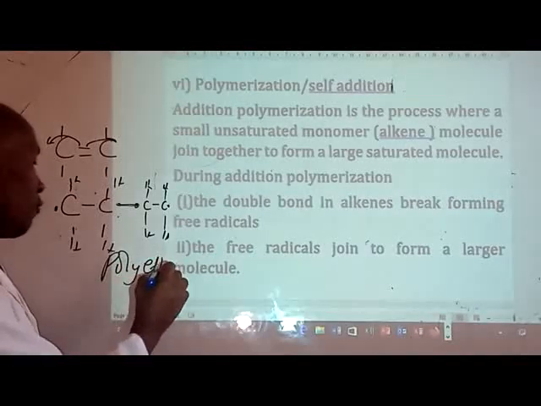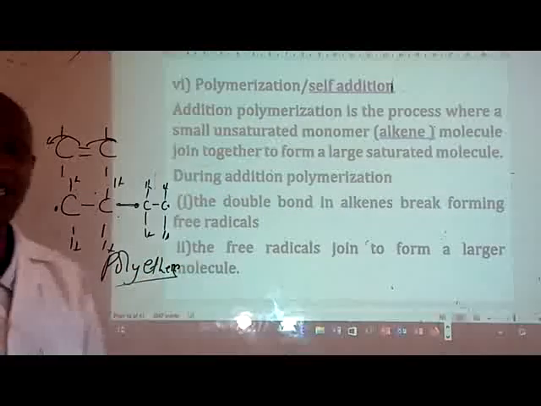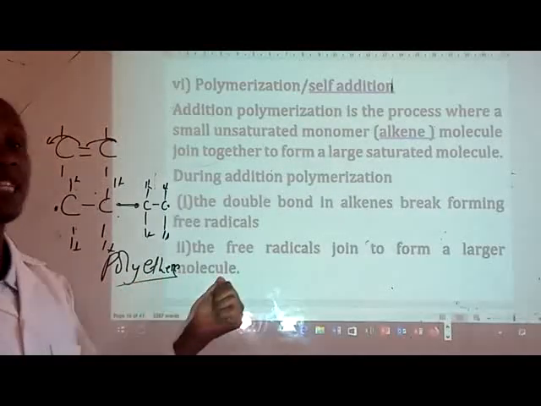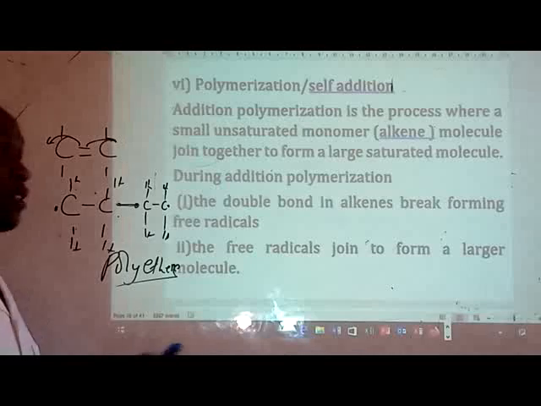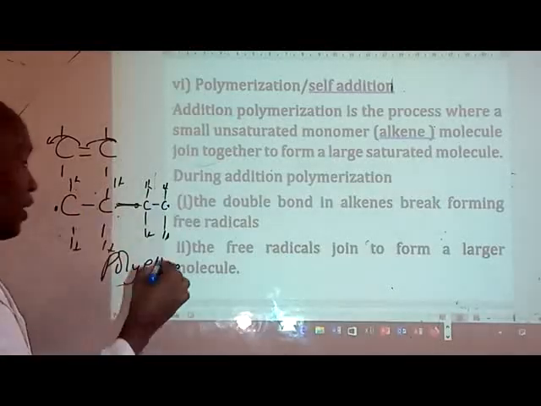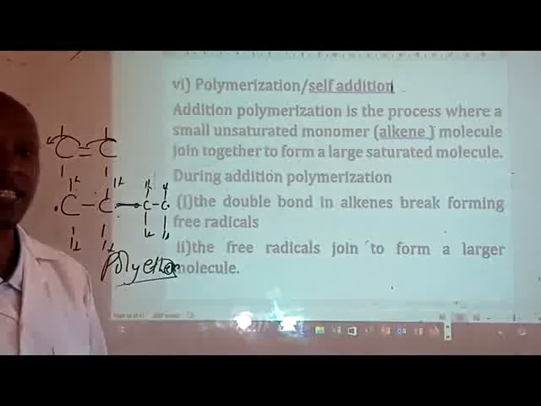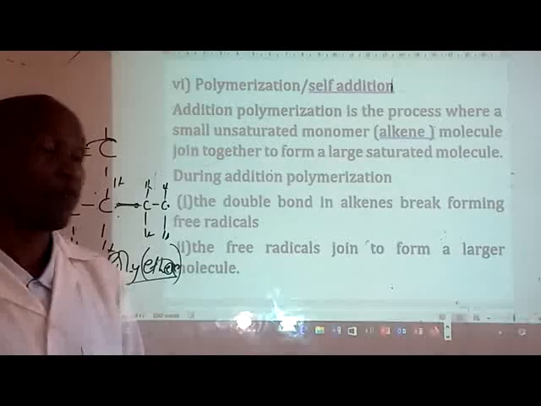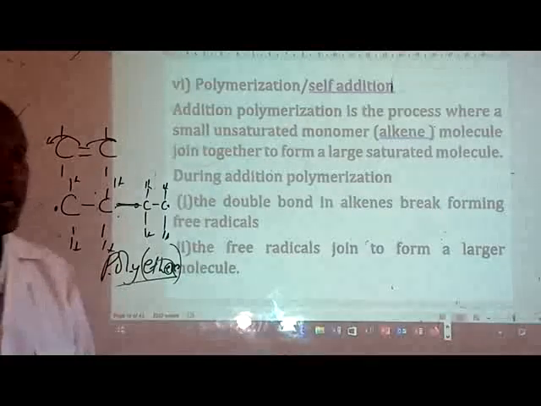So we have heard of polyethylene, but correctly, when you name that correctly, it is supposed to be polyethene. Note that the resultant substance does not have a double bond, but it retains the E in ethene, because the rule is just add the word poly before the name of the monomer. So we call that polyethene.